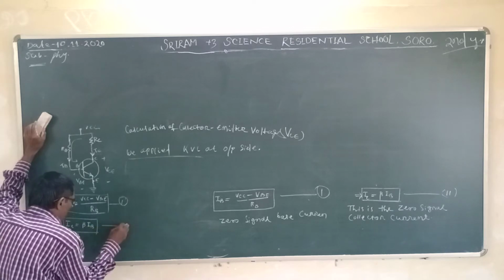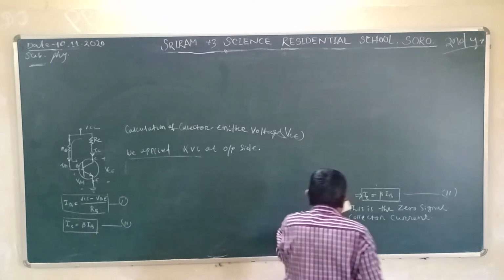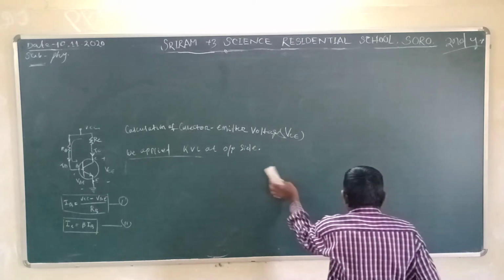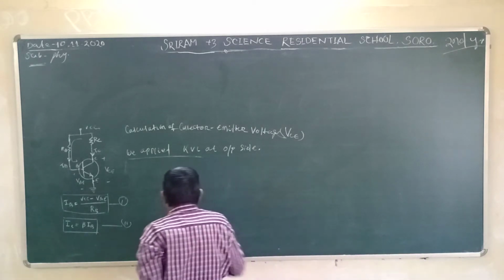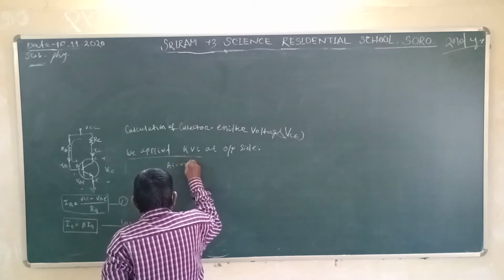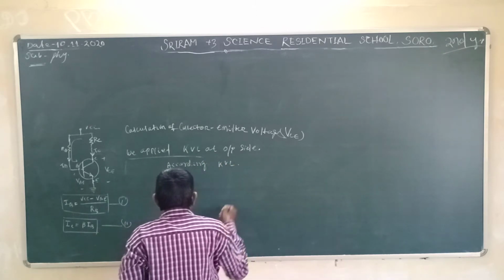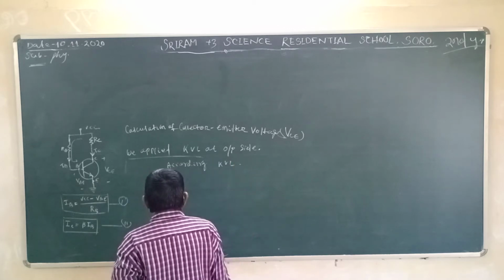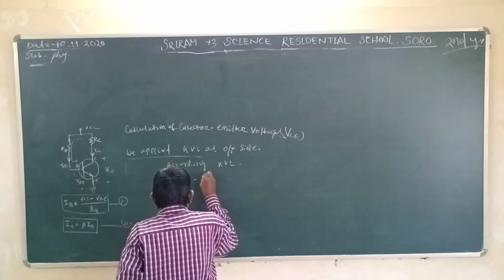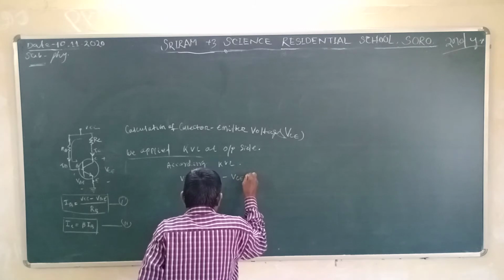This is equation 2. Now we apply the KVL at the output side. According to KVL, VCC minus IC RC minus VCE is equal to 0.